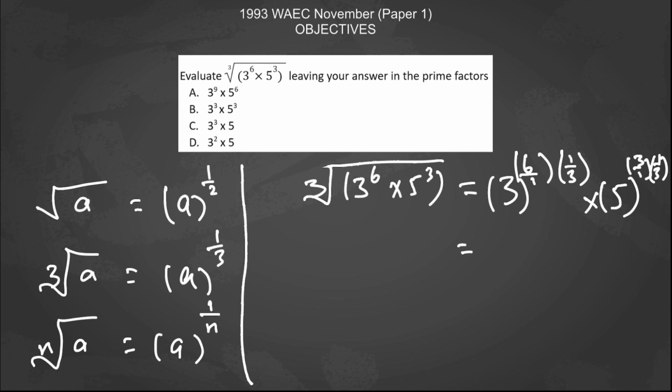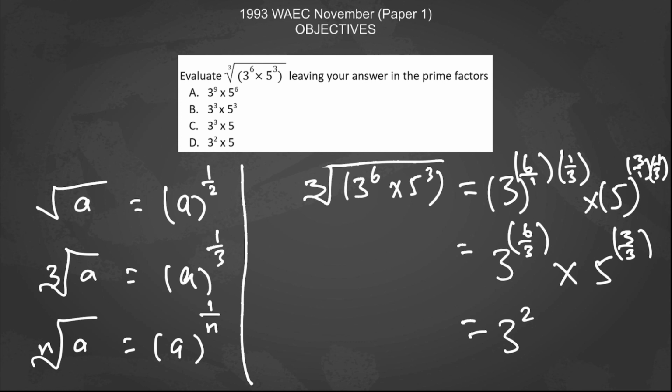If we do this properly, we see that we have 3 to the power of 6 over 3, times 5 to the power of 3 over 3. This we can simplify to 3 squared times 5 to the first power, but we can just leave it as this. So by doing it this way, it appears that our correct answer has to be D, because D has 3 squared times 5.